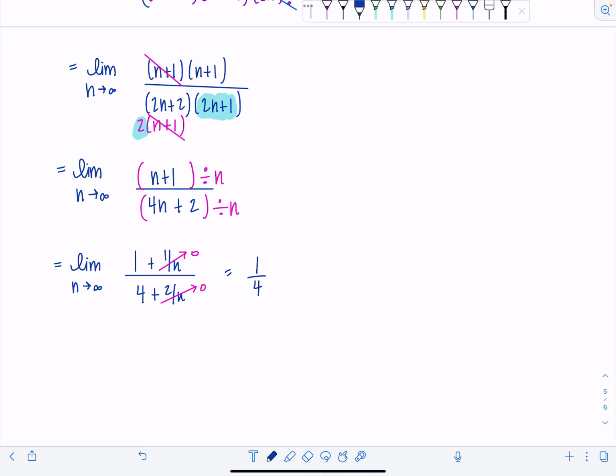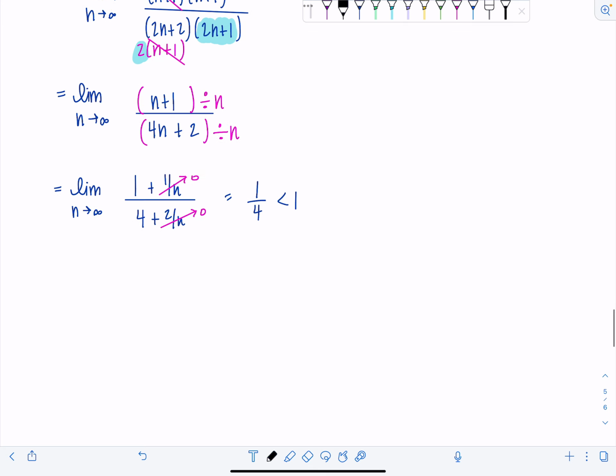Well, what do we know about 1/4? It's less than 1. So now we can make our conclusion. This means that the sum, n equals 1 to infinity, 5 times n factorial squared over 2n factorial, converges.